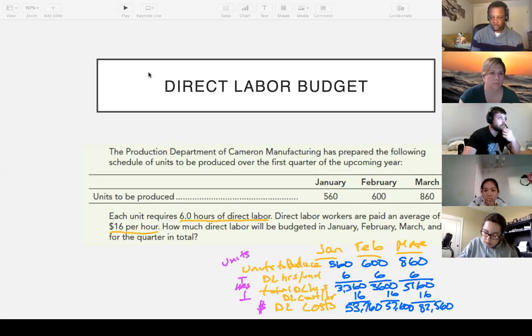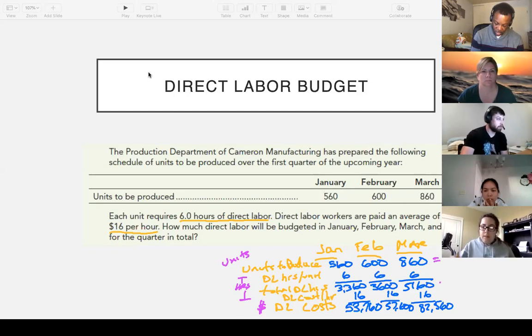For the quarter, there's nothing fancy going on here. We just add across.